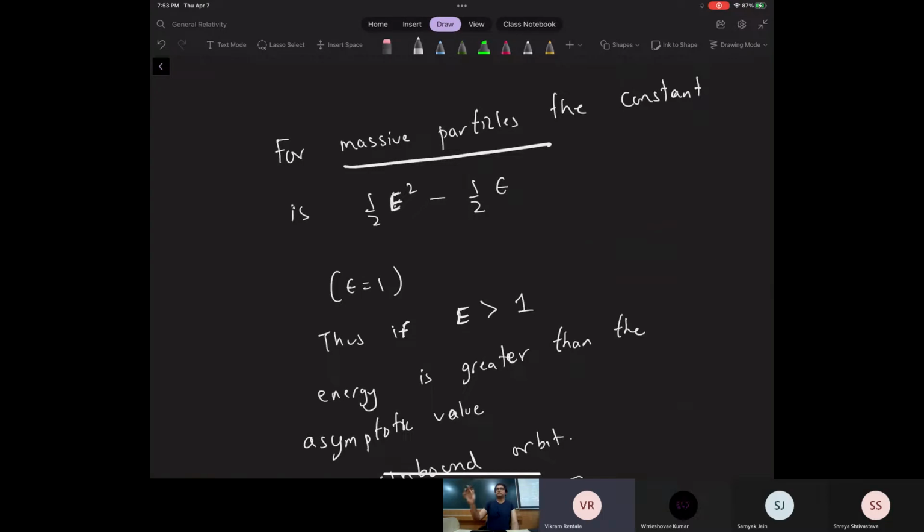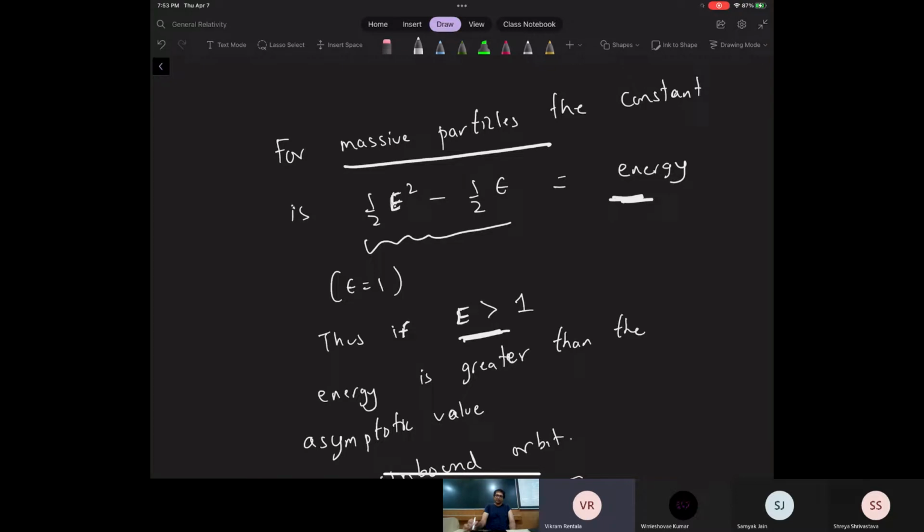That whole expression, together with half dr by d lambda squared, was equal to half E squared. So the constant half E squared minus half epsilon is what we actually think of as the energy in Newtonian gravity. In GR, you have to define the absolute reference level, so the absolute reference level is fixed. So this gives us some energy.